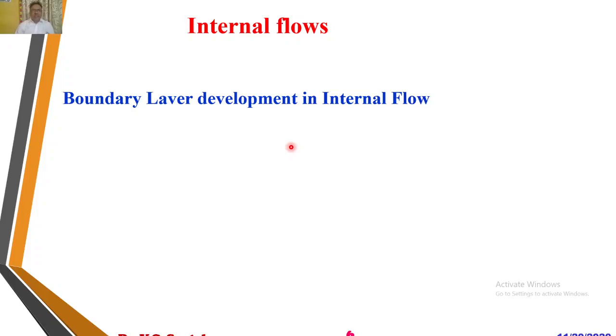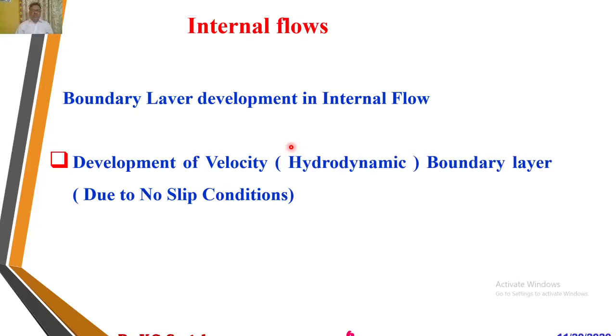Now let us come to a very important phenomenon, that is boundary layer development in case of internal flow. In internal flow, like external flow, there are two types of boundary layer development.